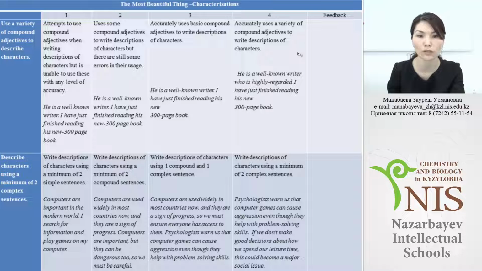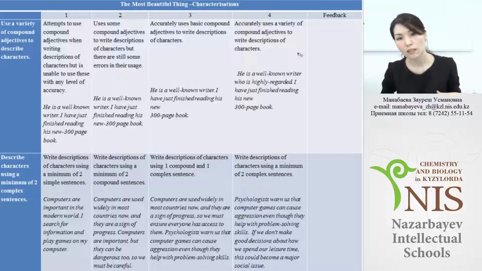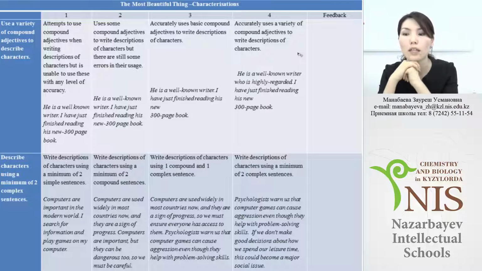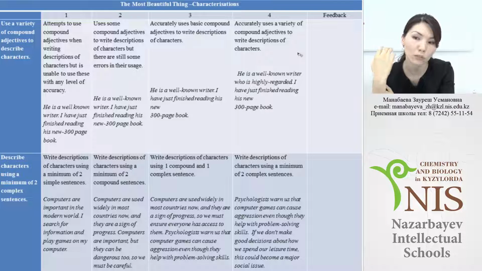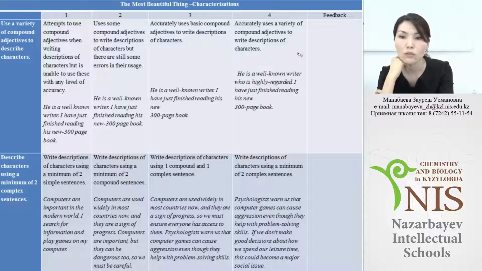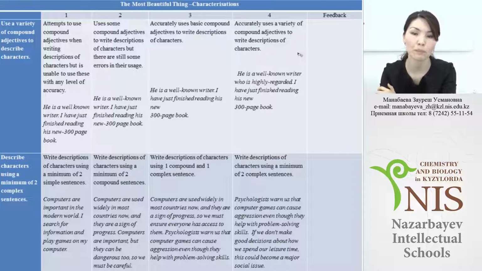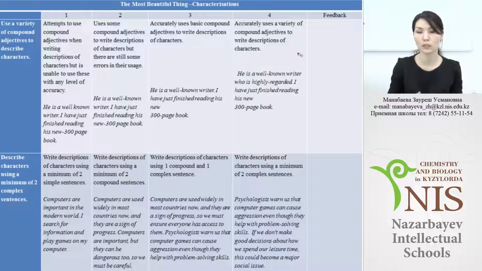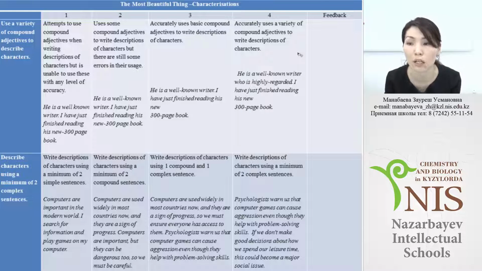The first is the ability of students to accurately use a variety of compound adjectives to write and speak about the characters, to describe the characters. You can change your matrix between write and speak according to what skill you are assessing.